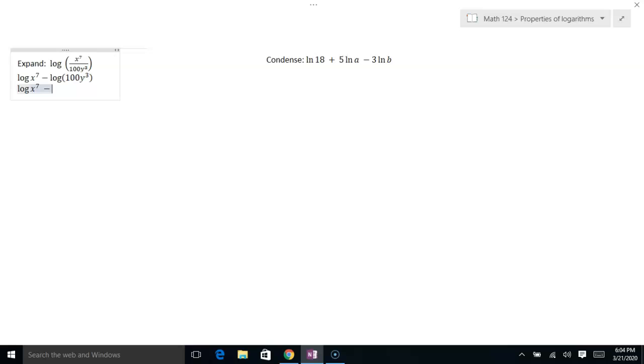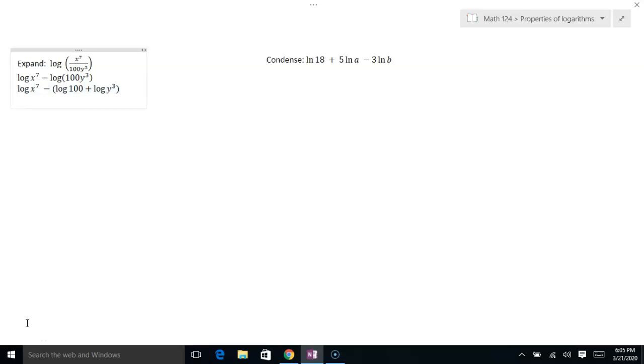We'll subtract the log of the first thing, which is 100, plus the log of the second thing, y cubed. So now I've broken that product apart into its two component pieces.